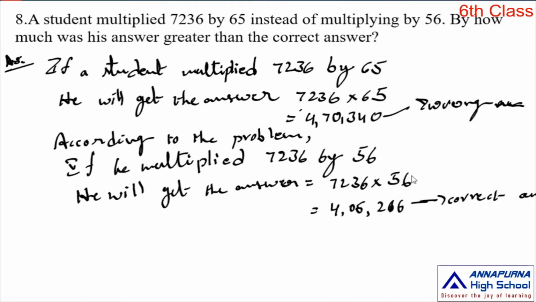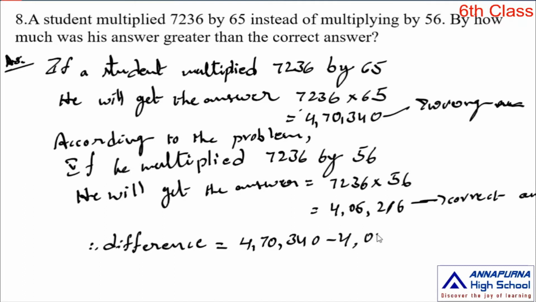What is the difference between these two answers? You find their difference. 4,70,340 minus 4,05,216.